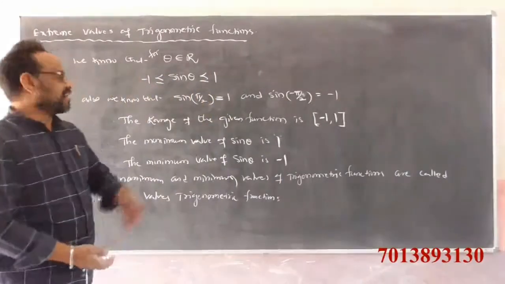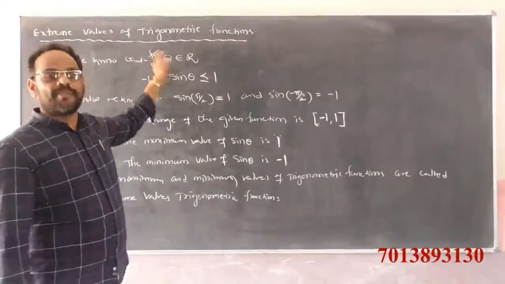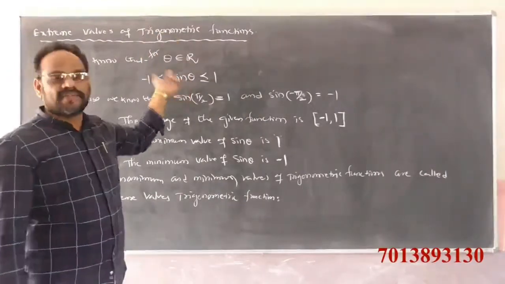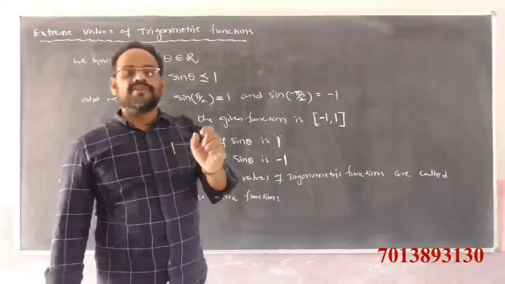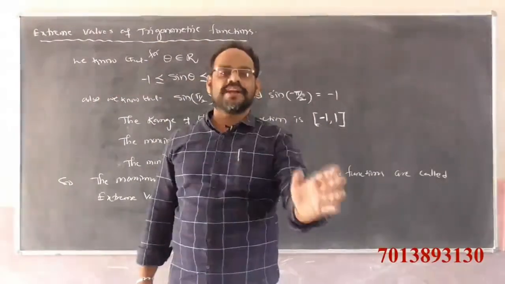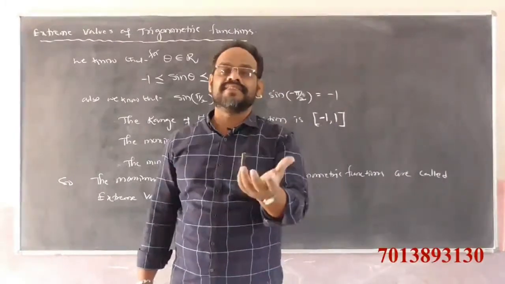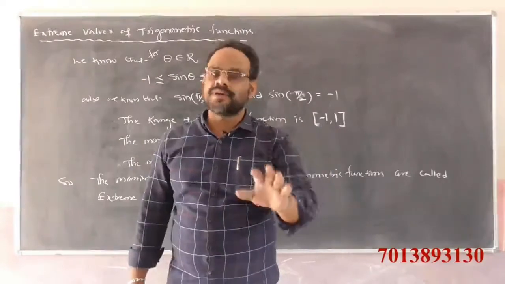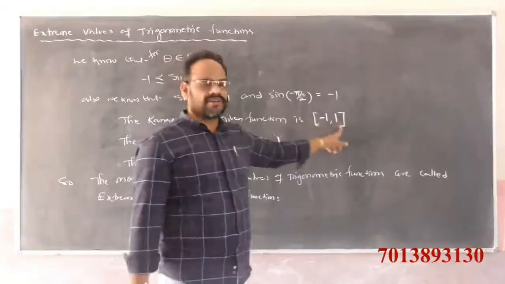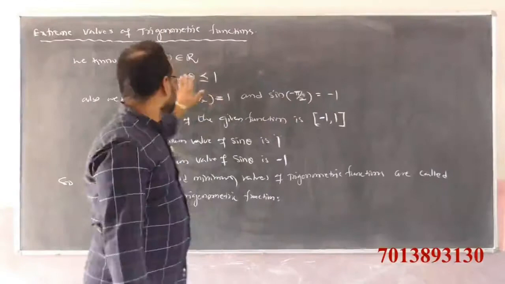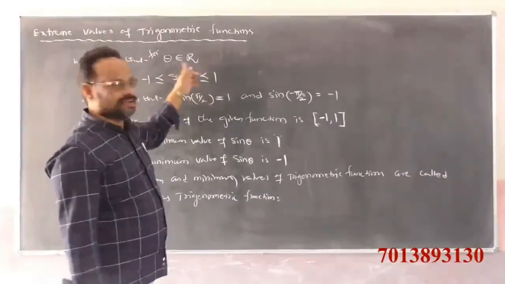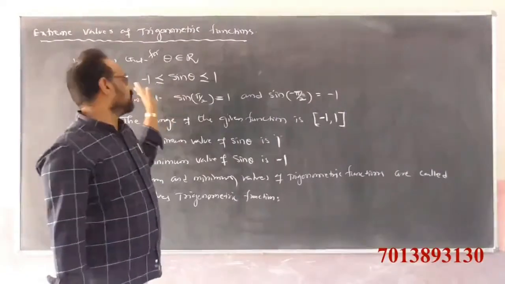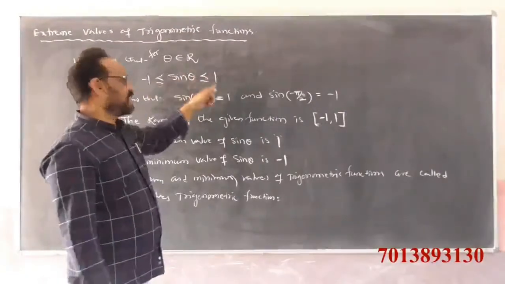Observe here. Already we know that for any theta belonging to R, any real number, the sin theta value always lies between minus 1 and plus 1, including minus 1 and plus 1.